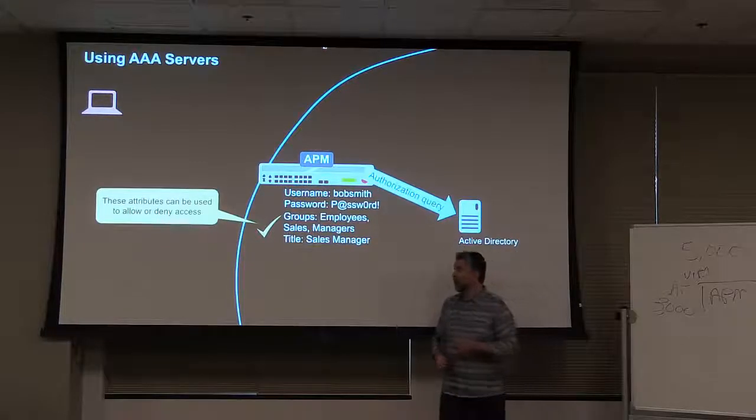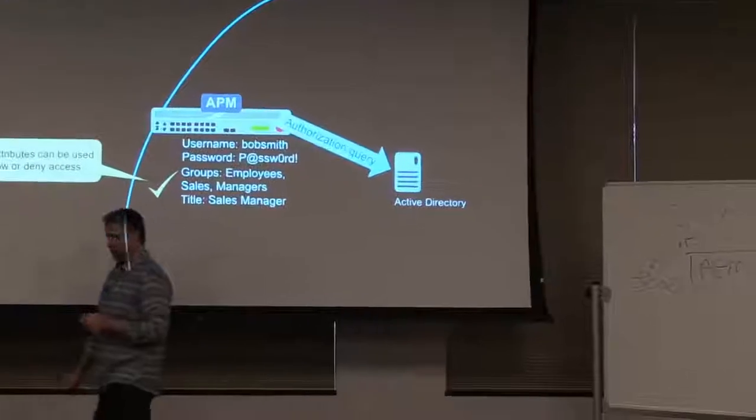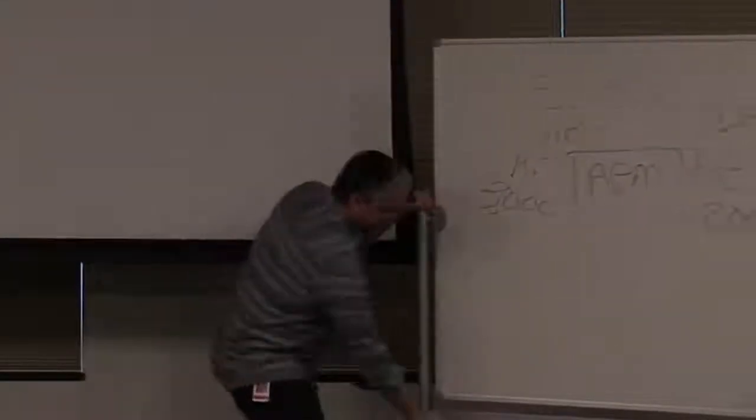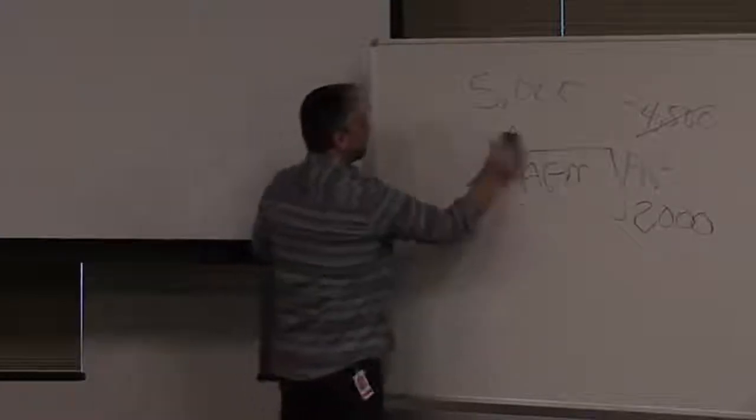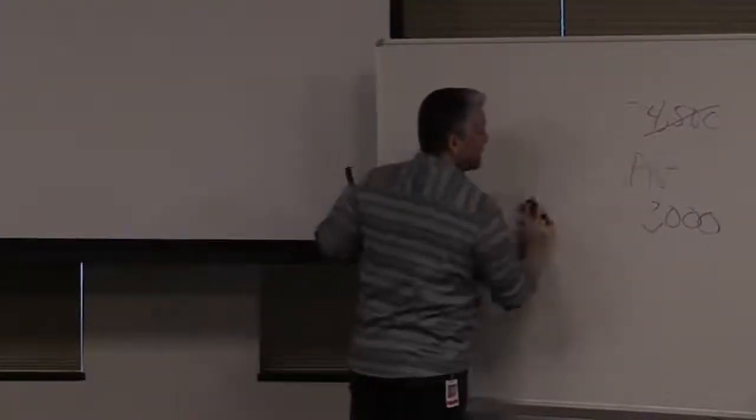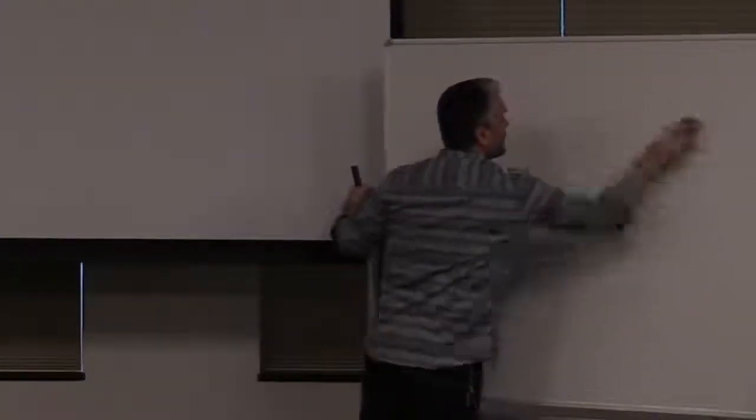Now, one of the things that I really like, another thing that I really like about APM is this. And I think this is a good thing for you to always bring up with your customers. When I was at Aventail, we announced a new feature, which was two-factor authentication.